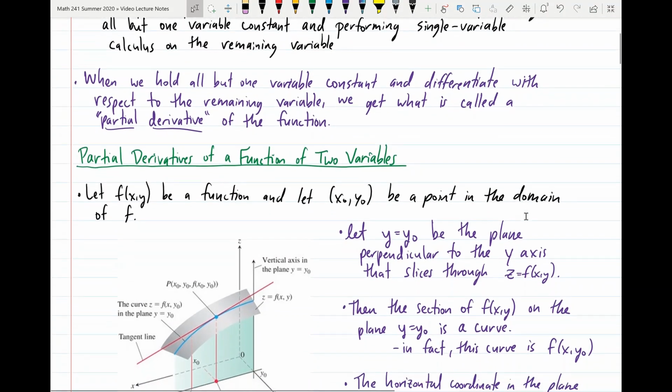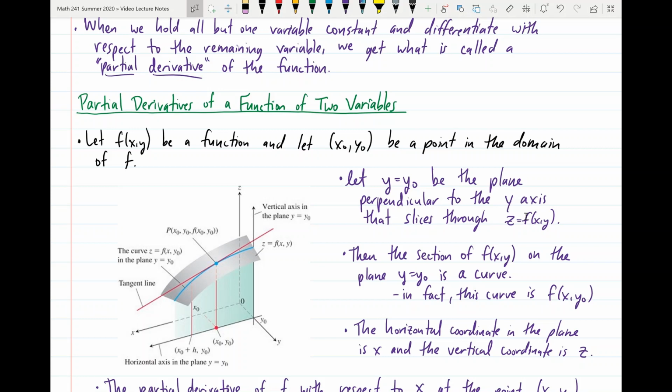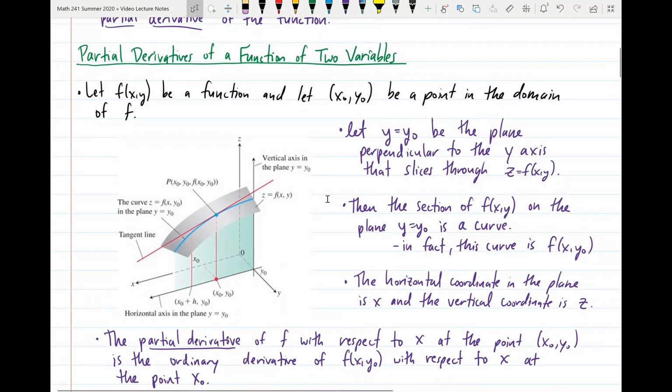So let's move into partial derivatives for functions of specifically two variables. So we're going to let f of x y be a function that takes two variables, outputs one real value, and let (x naught, y naught) be a point in the domain of f. So in the diagram that I have here, the blue point is the point (x naught, y naught).